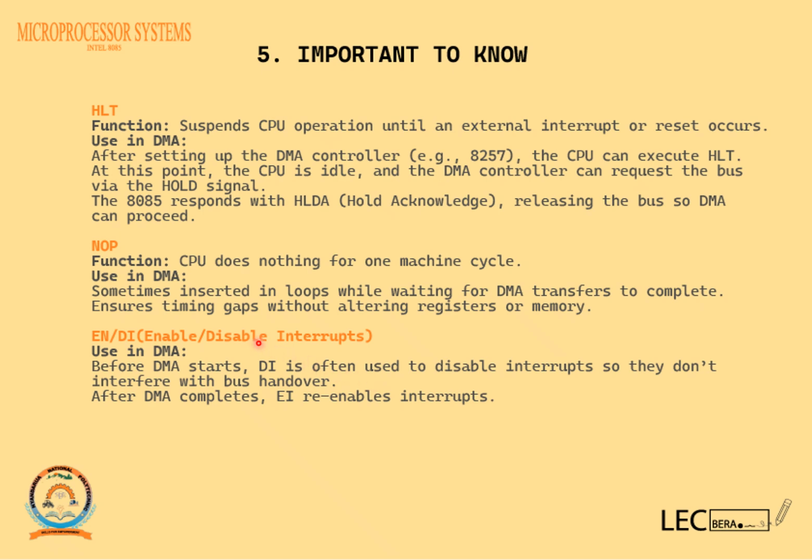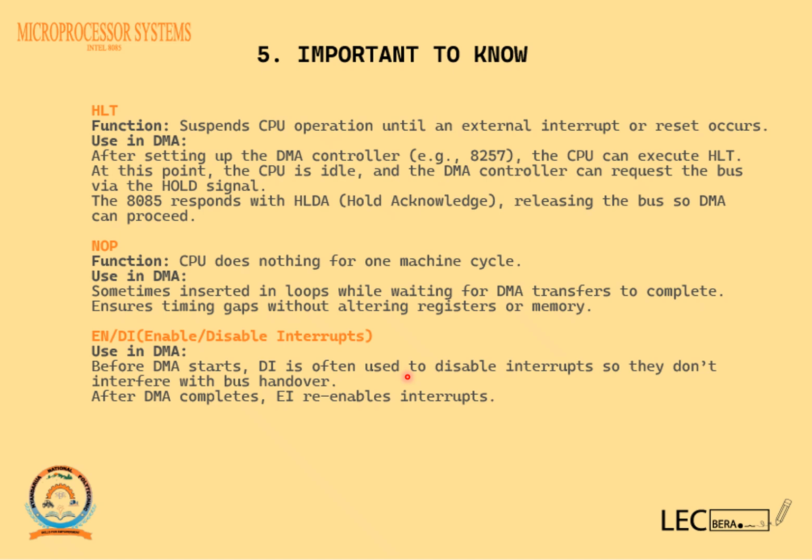So anytime we want to leave the system buses to the DMA controller, we disable all interrupts so that we don't interfere with the process of handing over. And immediately after the DMA controller has finished the exchange of data, we enable our interrupts by executing the EI instruction.